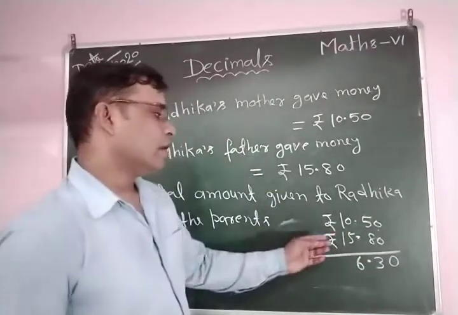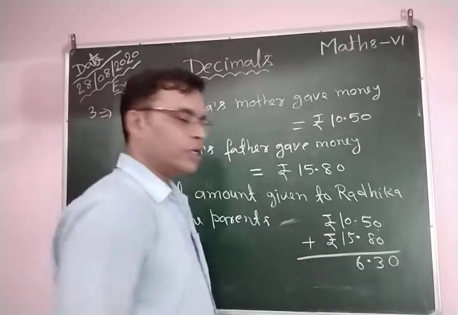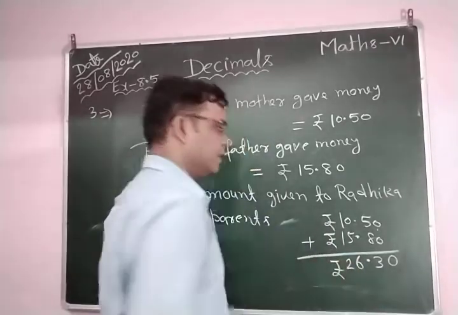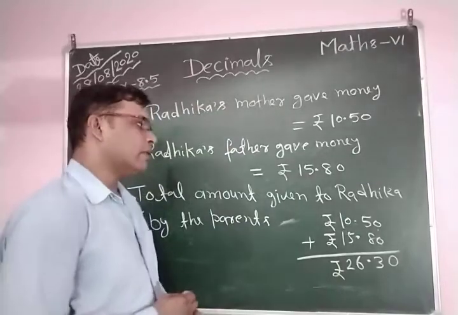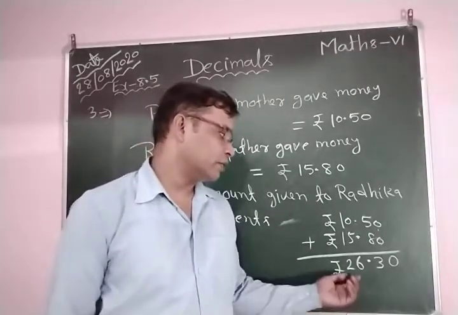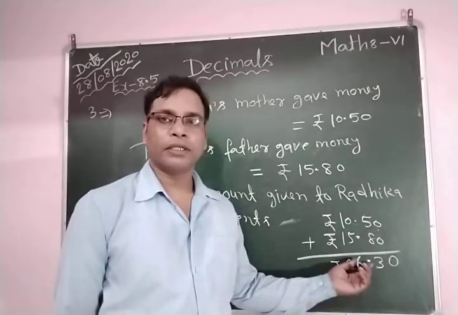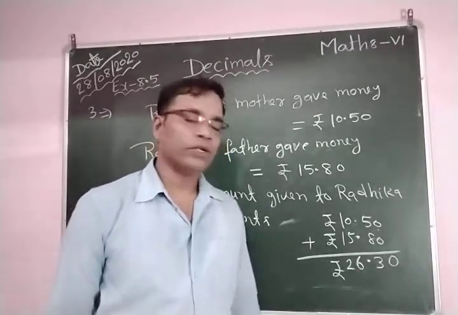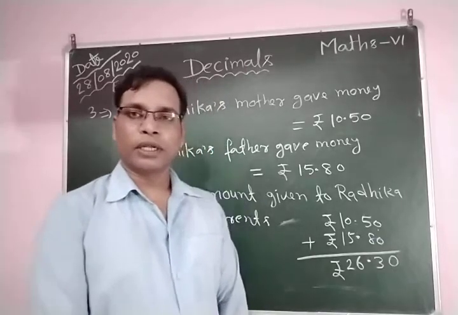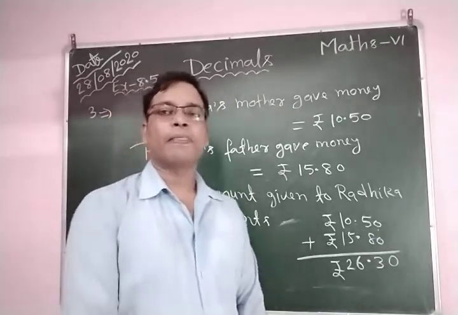Now 1 plus 1, this is equal to 2. So in this way you can see the total amount given to Radhika by the parents is 26 rupees 30 paise, or you can say 26.30 rupees.